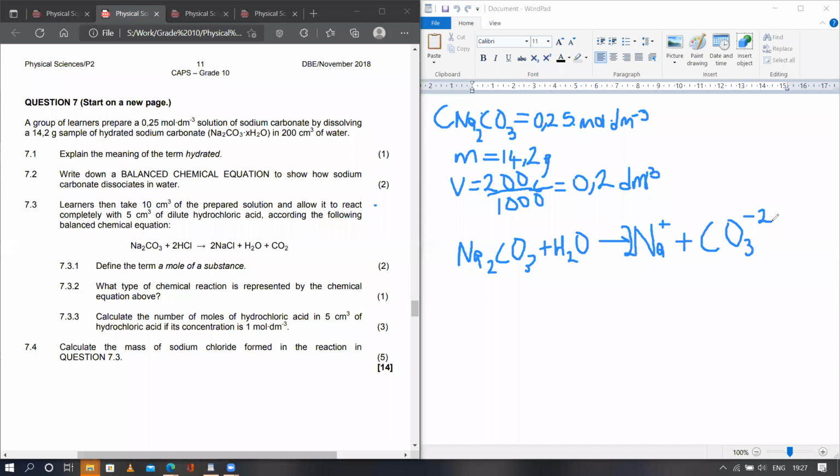So that's why the charge is 2 minus. If you want, you can still place the water there, but it's not always necessary.